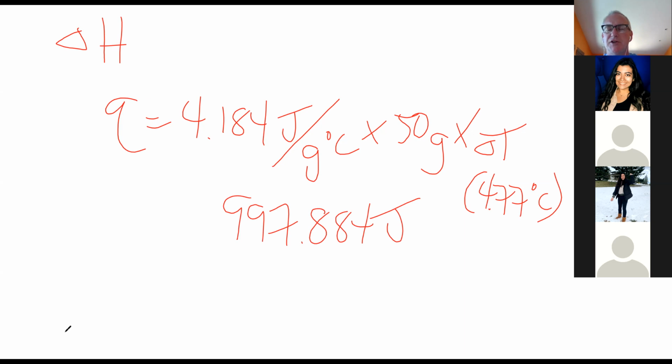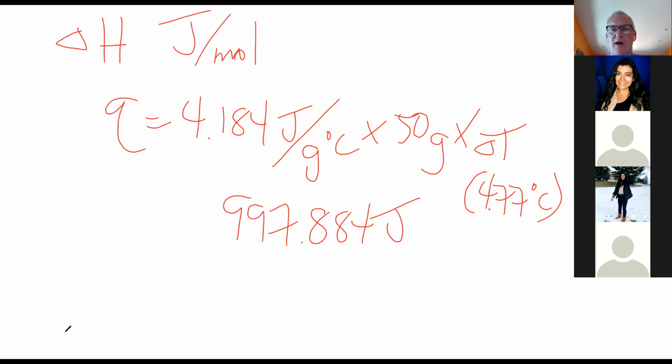And what was delta H again? Delta H is joules over mole. Kilojoules or joules, it's just joules divided by moles. That's all it is. So moles of what?